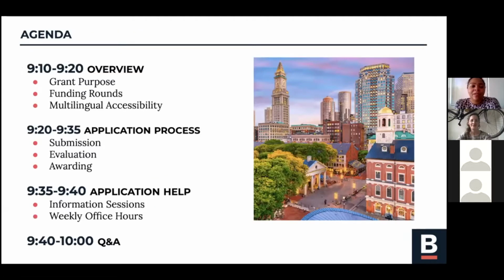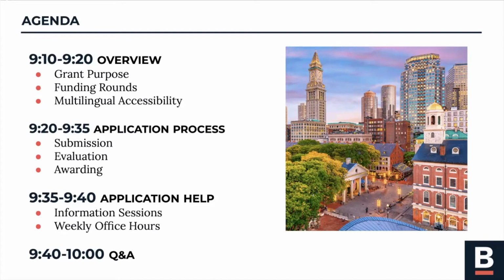Perfect. So for our agenda for today, for the rest of our session, we're going to spend about 10 minutes overviewing the grant's purpose, how the funding rounds will work, and also the multilingual accessibility. Then we'll move into the nitty-gritty of the application process for about 10 to 15 minutes, thinking about everything from preparing to apply to the minute you hit the submit button, through the evaluation and awarding process.